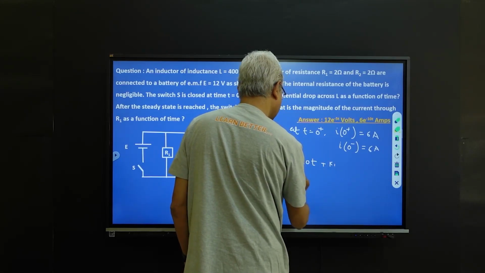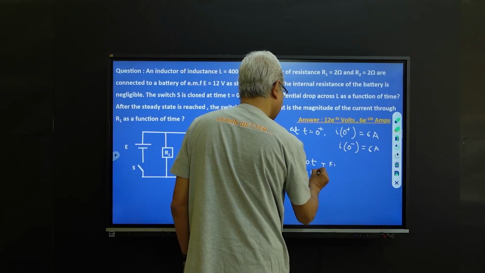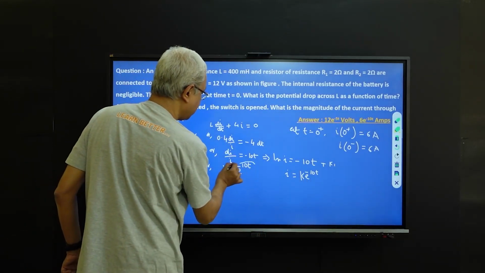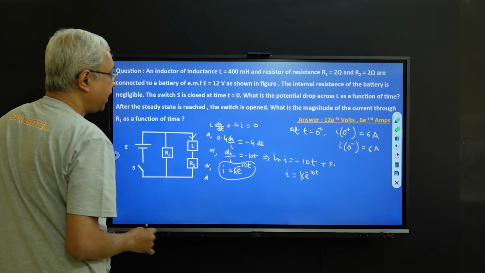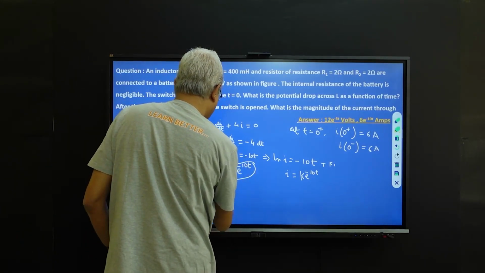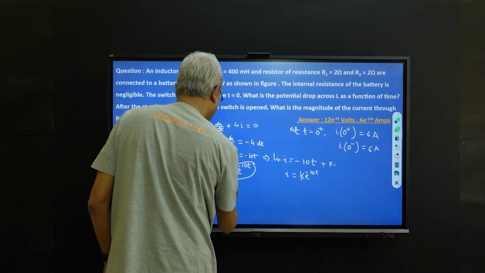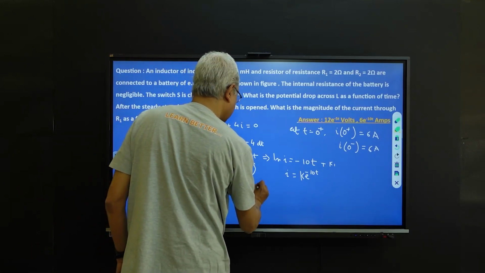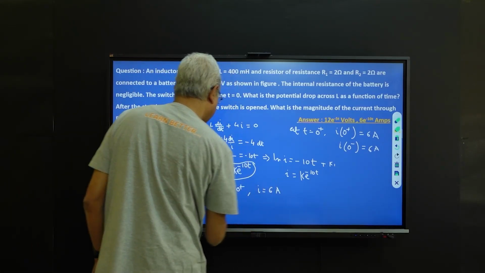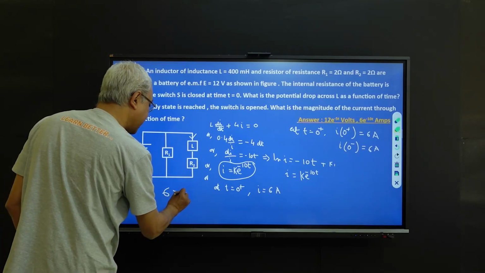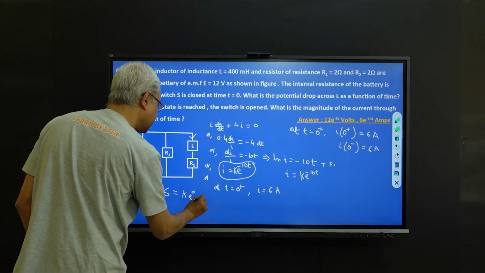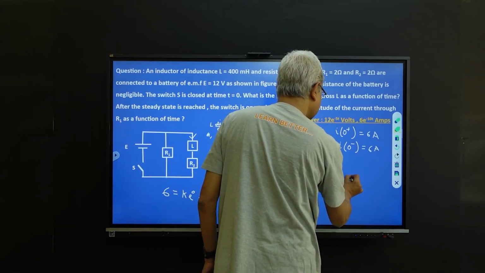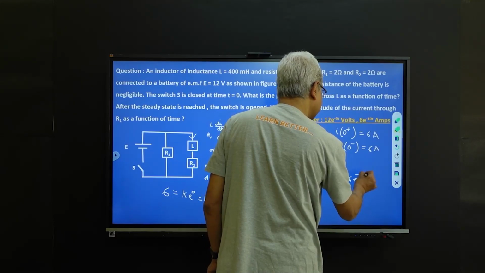So I equal to e to the power minus 10t into another constant, e to the power k1. That's why I write I equal to k e to the power minus 10t. At t equal to 0 plus moment, I is 6 ampere. Therefore 6 is equal to k e to the power 0, which is k only. Therefore the value of k is 6. So I equal to 6 e to the power minus 10t.